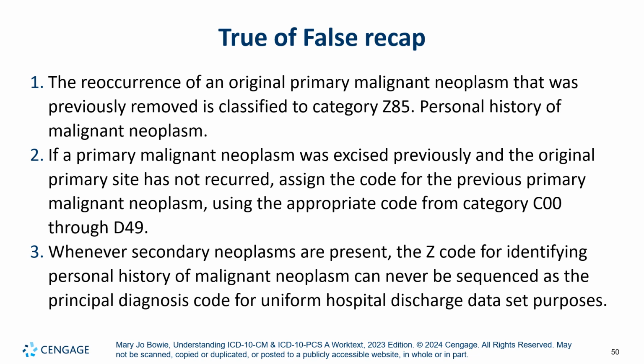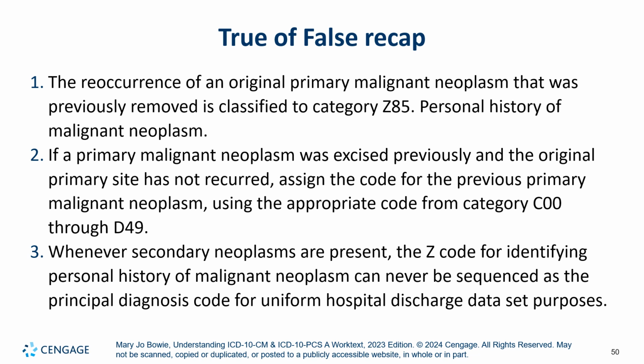All right, number 3: whenever secondary neoplasms are present, the Z code for identifying personal history of malignant neoplasm can never be sequenced as principal for uniform discharge data set purposes. So this is saying that if you have a secondary neoplasm present, that would be your principal.